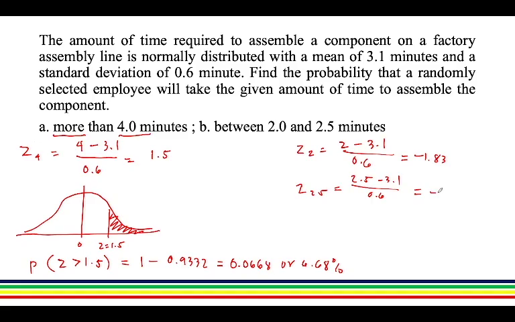And this is negative 1. So the probability that the value of z is from negative 1.83 to negative 1 is equivalent to the area left of negative 1 minus the area left of negative 1.83.